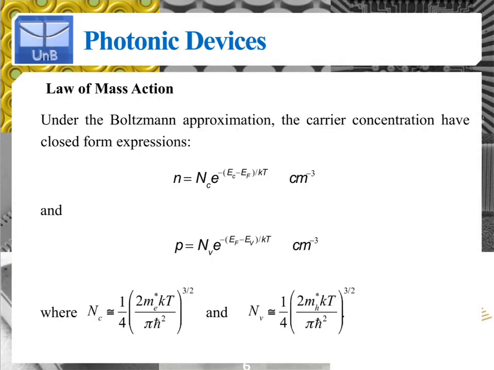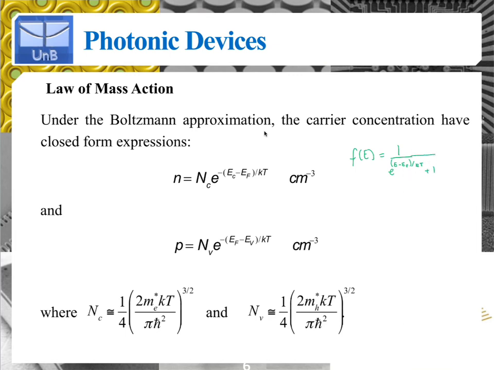Now, in our last lecture, we found analytical expressions for the carrier concentrations for electrons and holes, and this was done under the Boltzmann approximation. So let's recall that the Fermi function f of E is actually equal to 1 over e to the power of (E minus EF) divided by kT, plus 1.